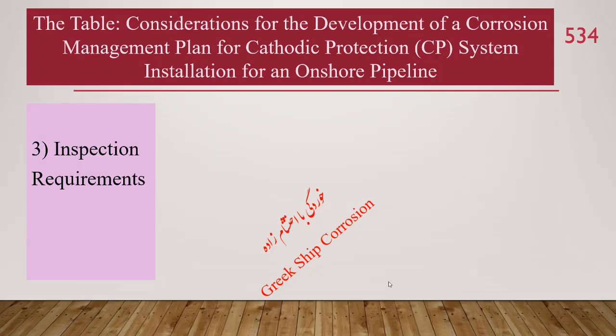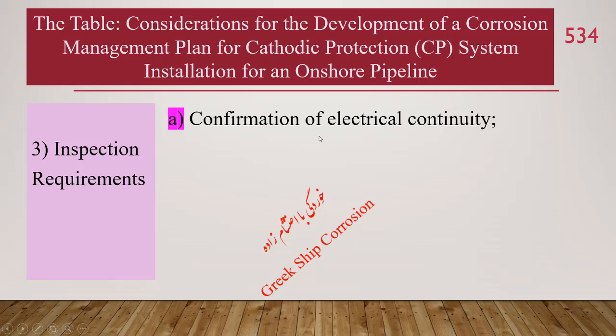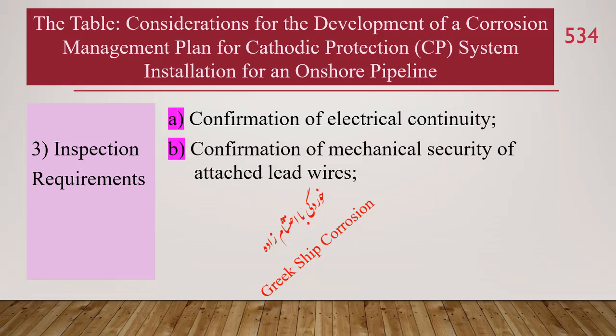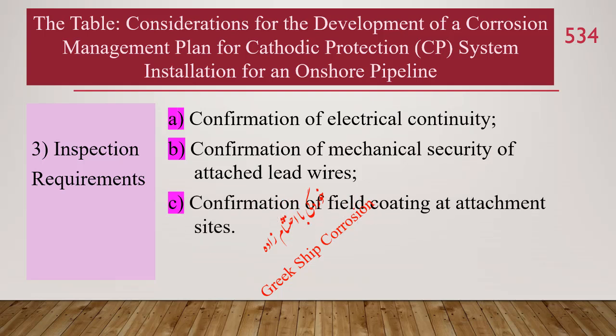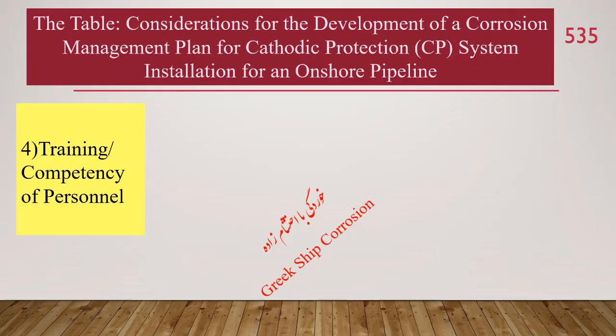3. Inspection requirements. A. Confirmation of electrical continuity. B. Confirmation of mechanical security of attached lead wires. C. Confirmation of field coating at attachment sites. 4. Training competency of personnel.